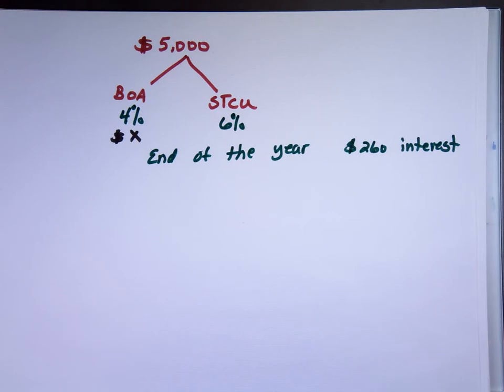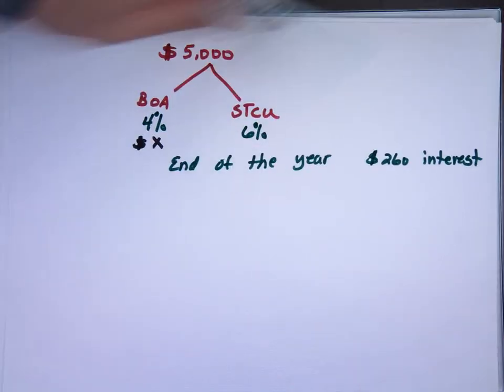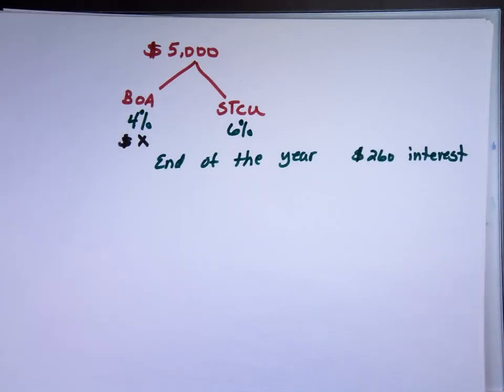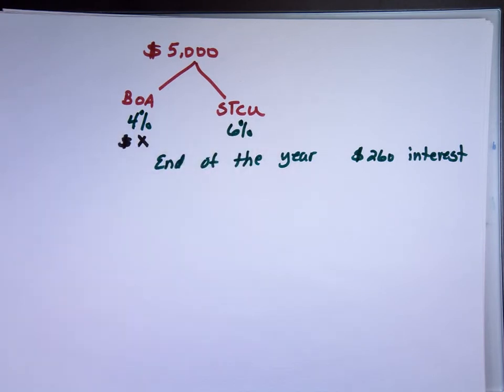So if I put X dollars here, how much are you going to put at the Springfield Teacher Credit Union then? Remember, you had $5,000 in a paper bag. If I put $2,000 in Bank of America, how much are you going to put in Springfield Teacher Credit Union? 3. How'd you come up with 3? 5 minus 2, exactly.